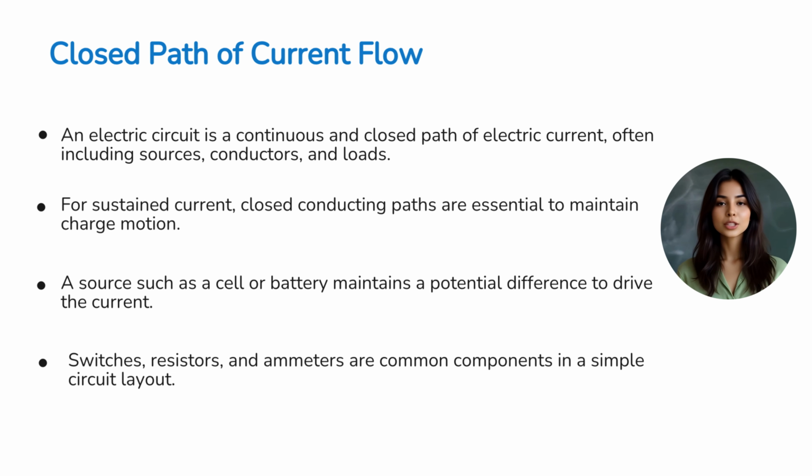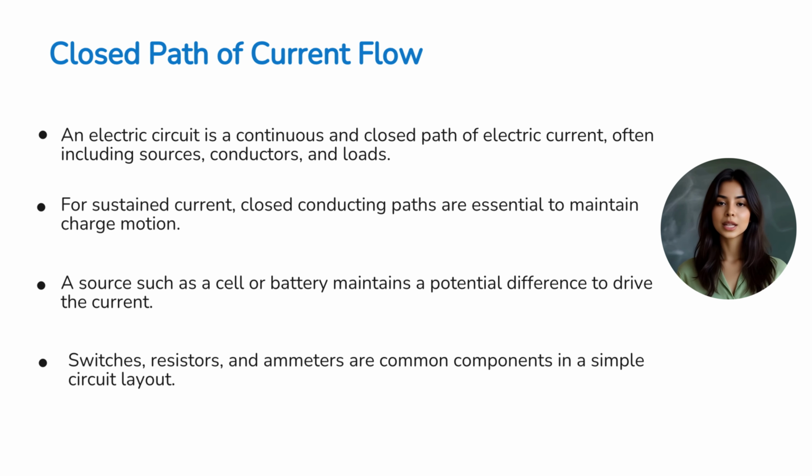Let's take that electric current and see how it travels through something called an electric circuit. Think of it like a merry-go-round, a continuous and closed path where electrons love to keep moving. An electric circuit typically includes sources like cells or batteries, conductors such as wires, and loads like bulbs or resistors. For current to flow continuously, the path must be closed.